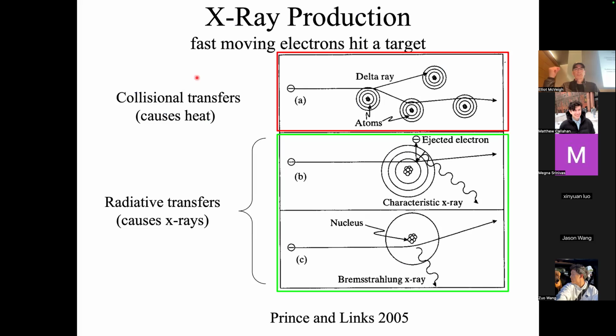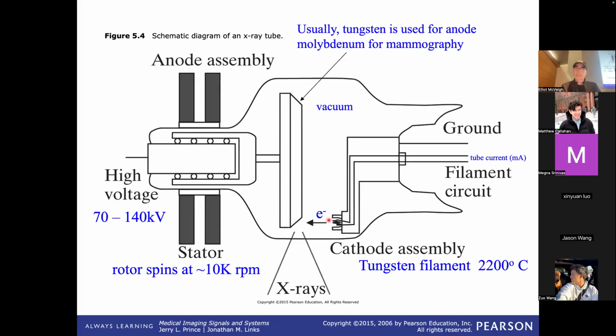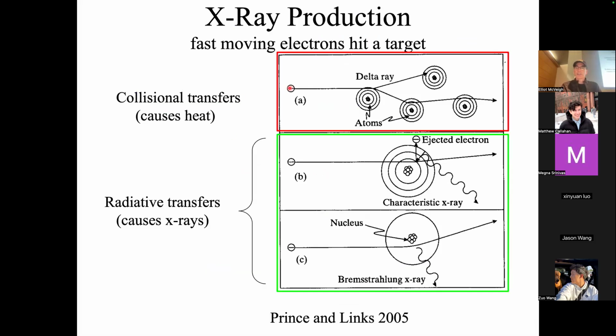So what happens to those electrons? What we're going to look at now is, imagine I'm an electron and I'm flying across this 1 inch or 1 centimeter gap, and I'm going to hit a target. So here's my electron flying into the target, right? And these are the atoms in the target. They could be tungsten, as we saw, molybdenum. Most of the time, they're just going to bang into an electron that's in the atom, fire that electron off of that atom, change their trajectory so the momentum is preserved, and then hit another atom and do it again.